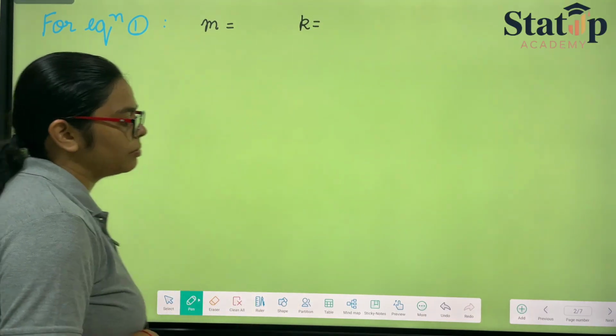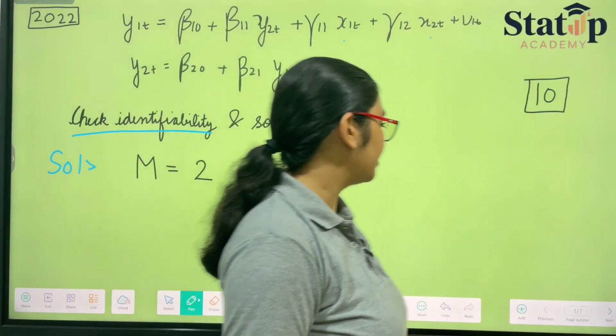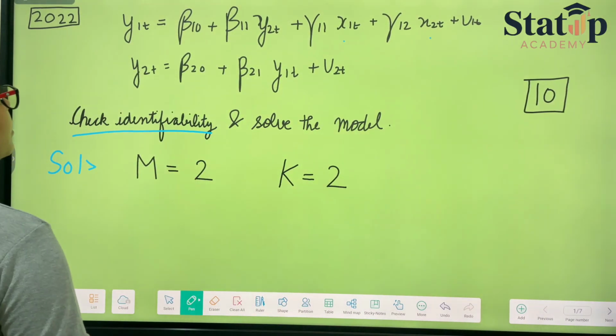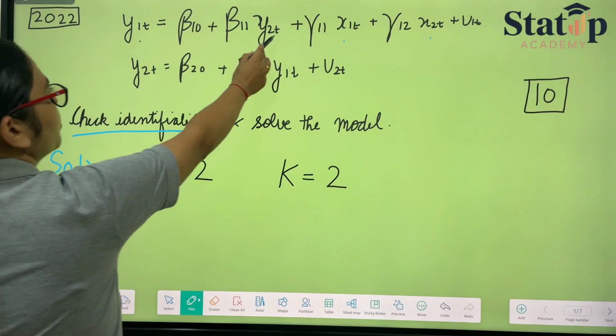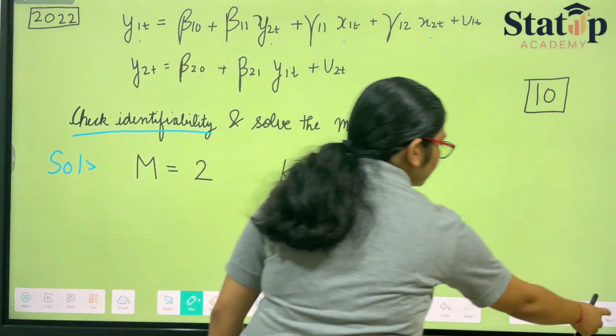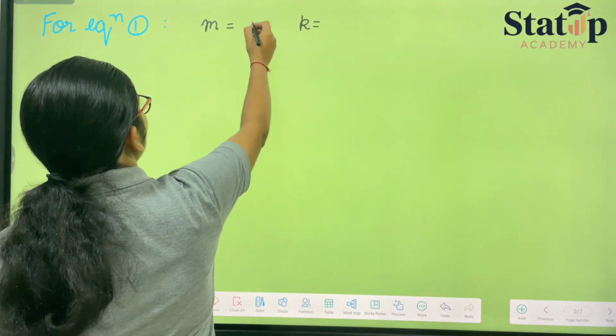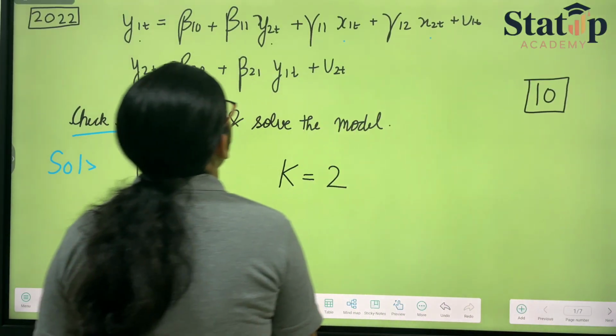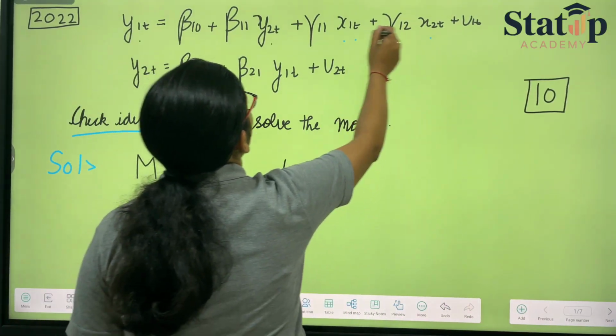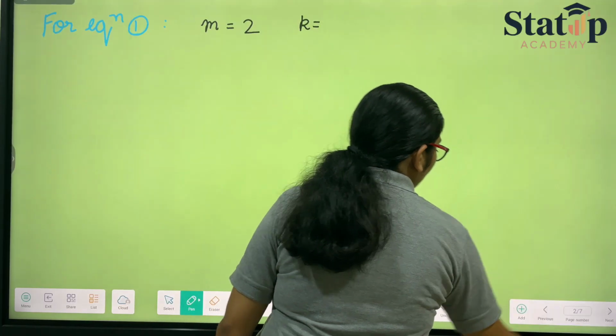Small m is the number of endogenous variables included in the equation. So it is y1t and y2t, so the total number of endogenous variables included in the equation is 2, and the total number of exogenous variables included, x1 and x2, is also 2.